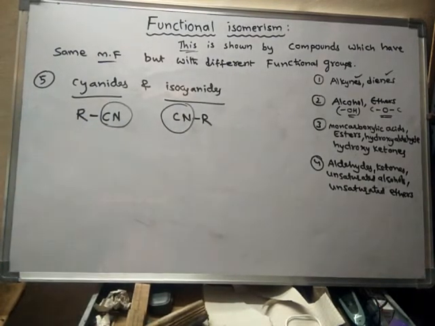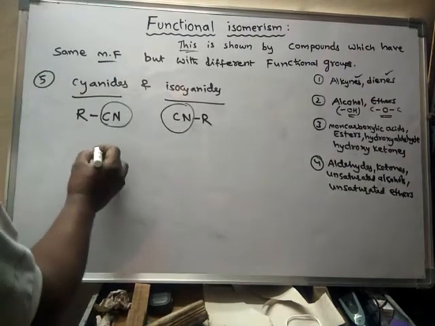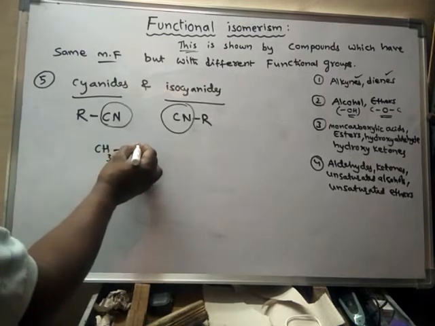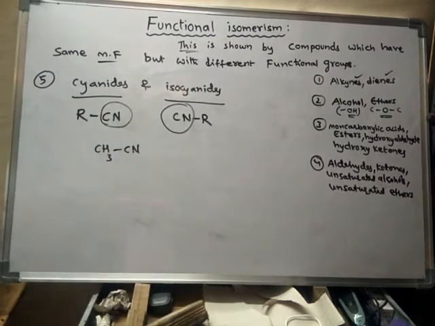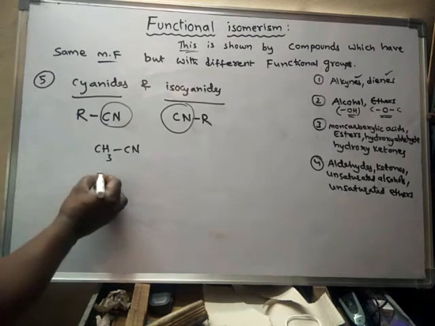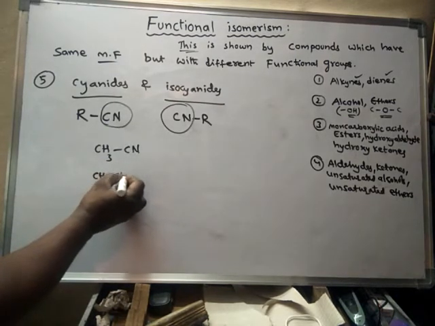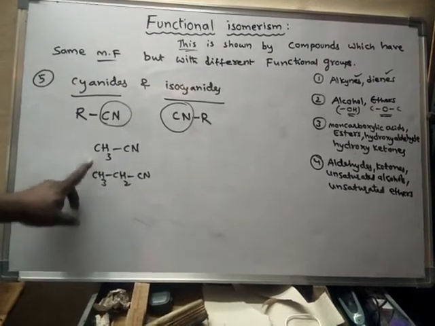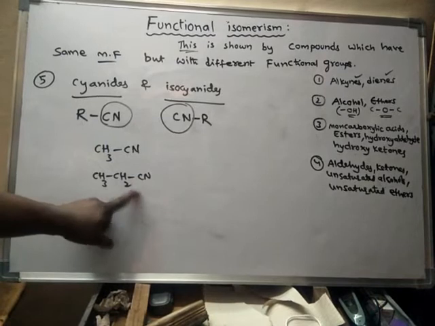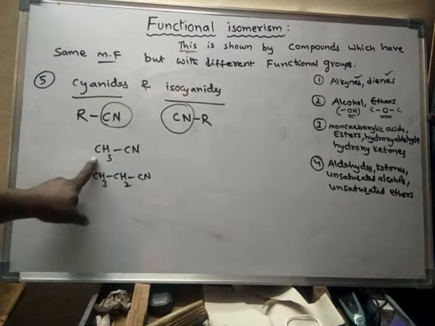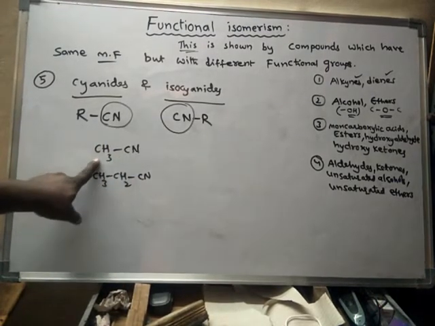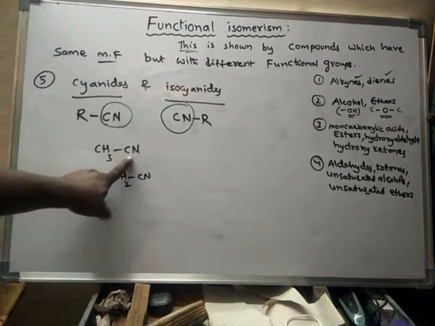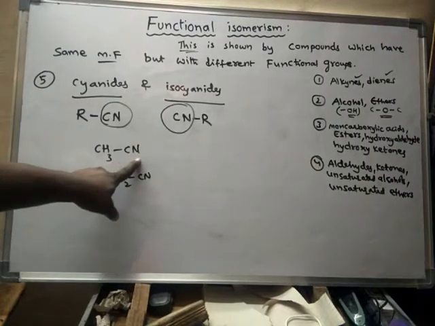For example, CH3CN is called methyl cyanide. CH3CH2CN is ethyl cyanide. Or else, if you write the IUPAC name, this carbon should be included. Cyanide means nitrile.